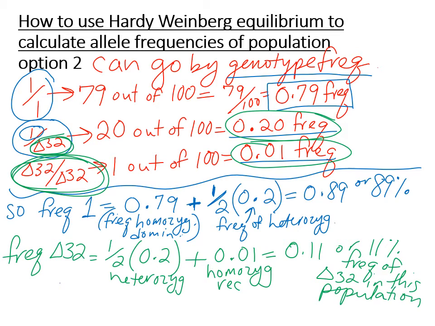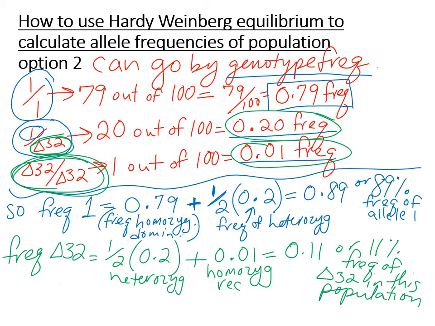And in your notes, in case you forget what it means, 89% is the frequency of allele 1 in this population. If you have any questions or concerns, or you're not sure how to do this, just let me know in the Remind app. You're going to get to practice some in the post lab, so hopefully it'll become a little clearer when you're doing this on your own.